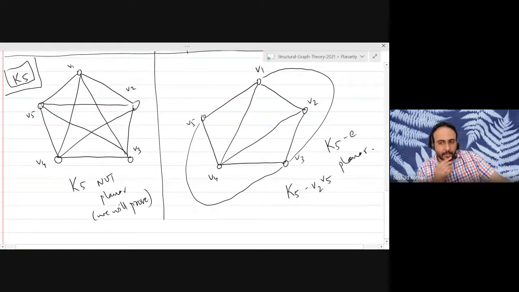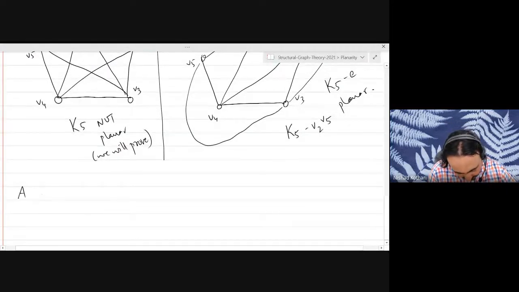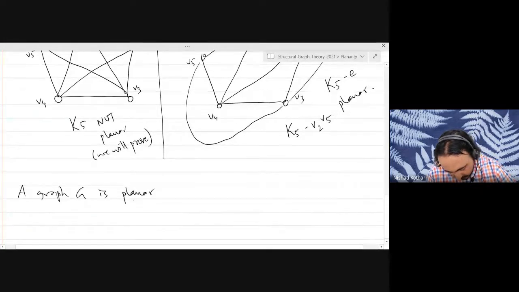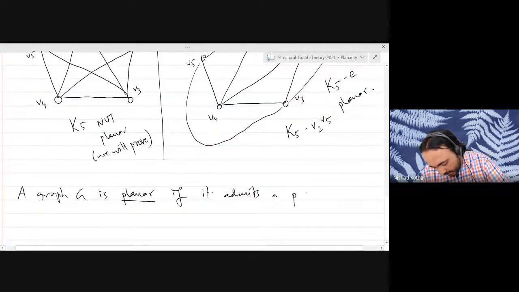Okay, so I haven't told you what a planar graph is, right? But I wrote these examples. A graph G is planar if it admits an embedding that is planar.